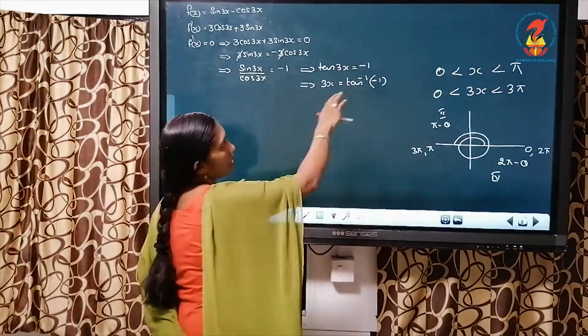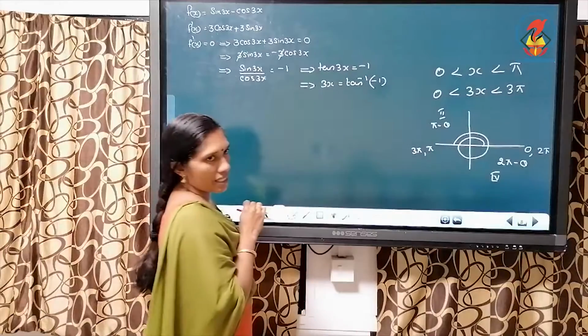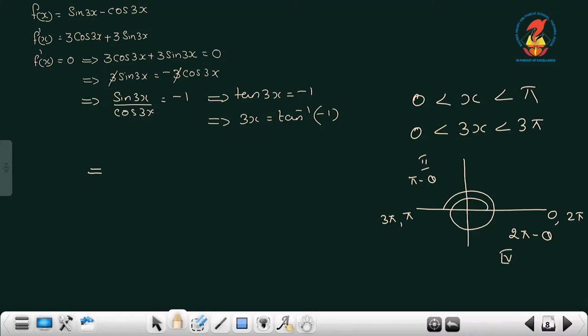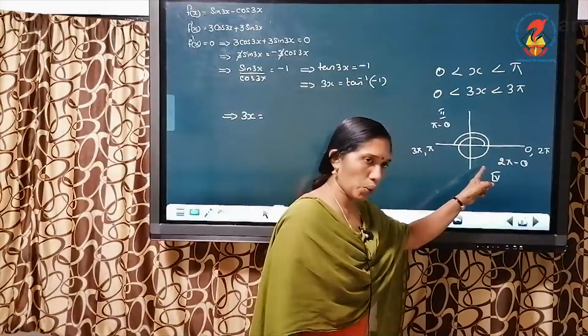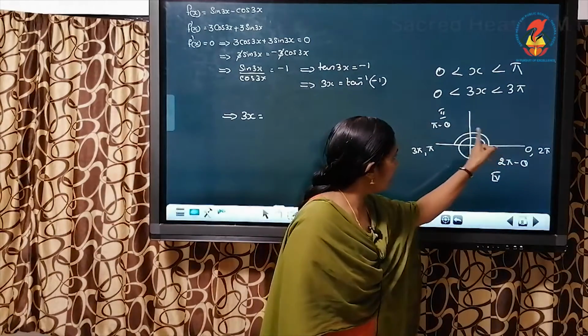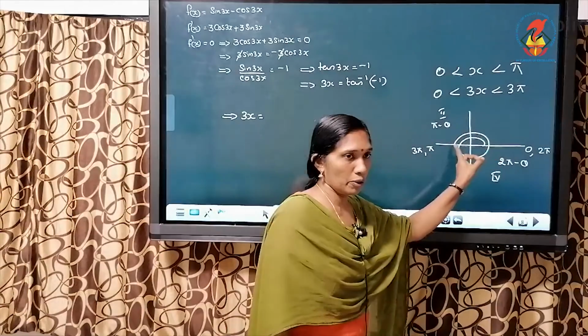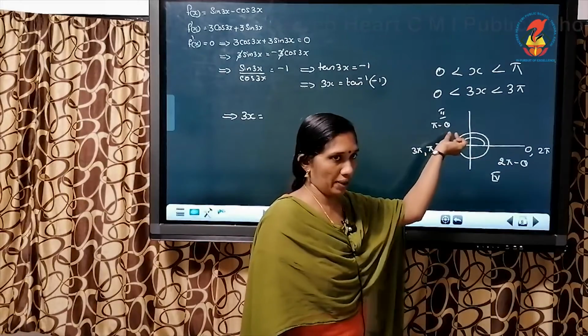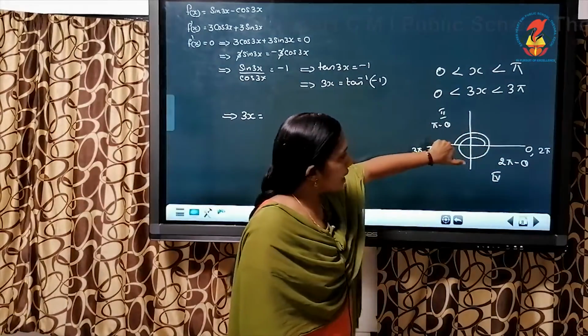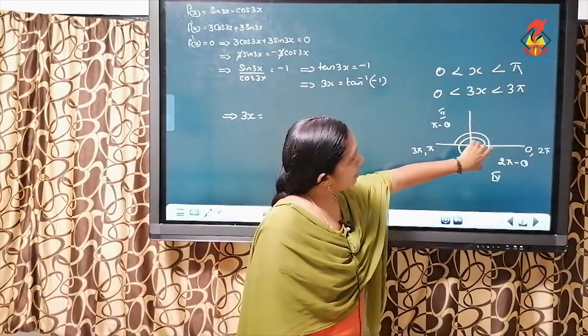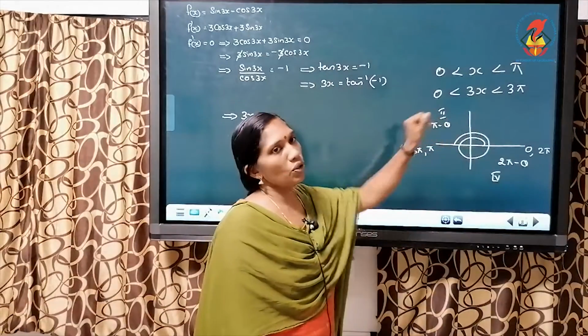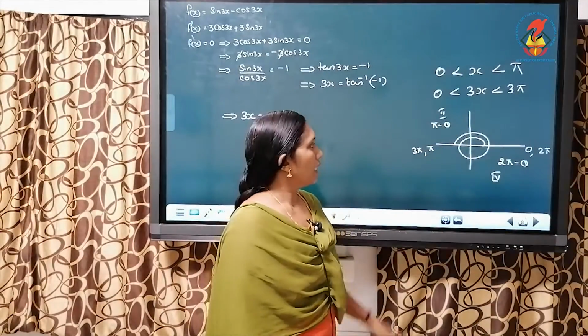So 3x is equal to tan inverse minus 1. That implies 3x is equal to. So tan is negative in second quadrant, fourth quadrant. Then again we have one more semicircle portion. That is full round means 360 degrees. Then 360 plus 180 also you have to consider.